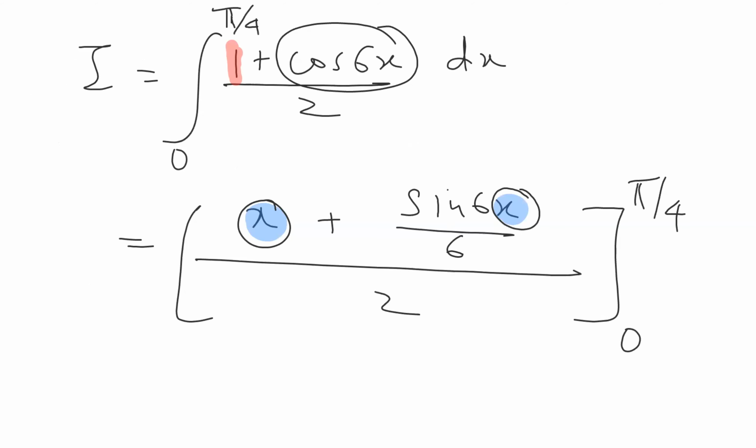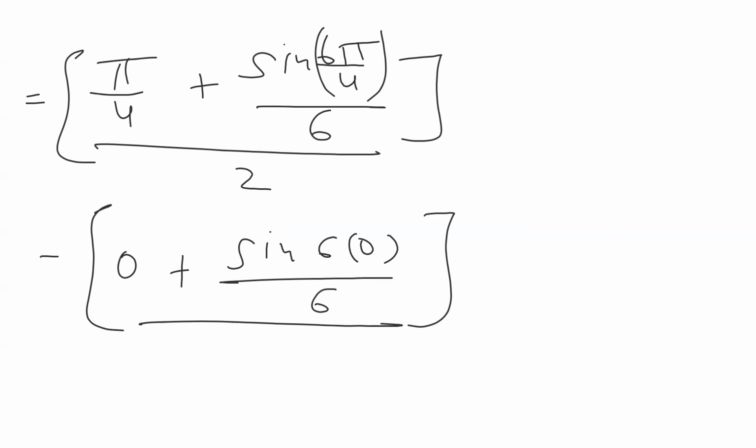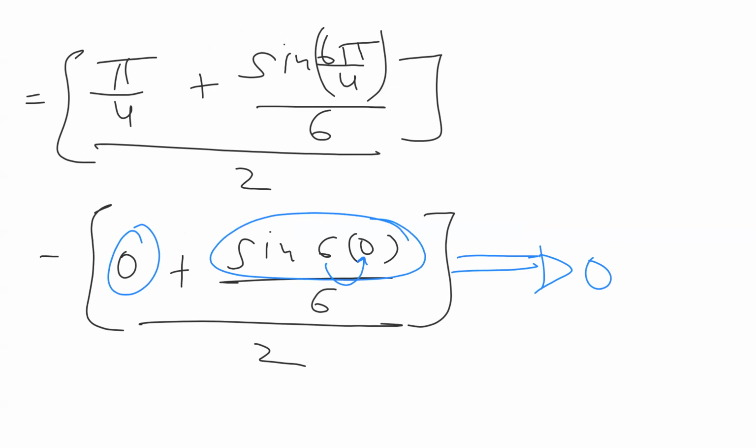So sine 6 into 0 upon 6, by 2. Can someone tell me the value of the second box entirely? 0. Very good, 0. Because 6 into 0 is 0, and sine 0 is also 0. So the second box entirely becomes 0.